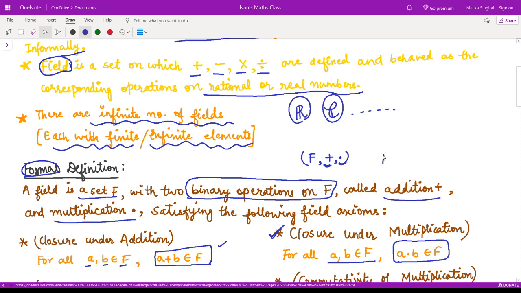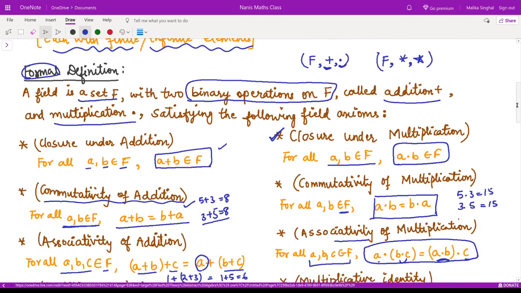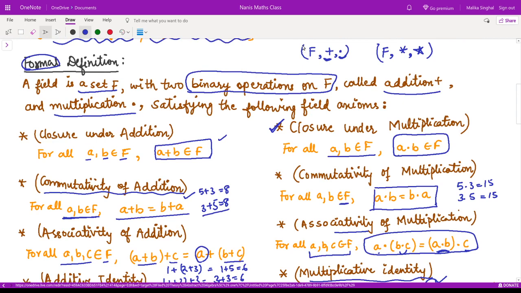Instead of these, I could have some other binary operation star. In that case, we are going to get a different field with different kinds of properties, but this is the most common field that we have, with the most common operations, addition and multiplication, right?